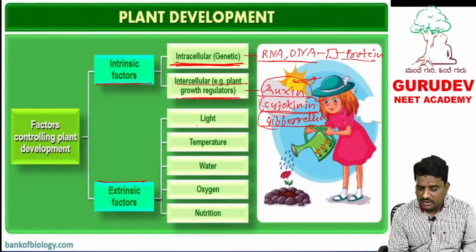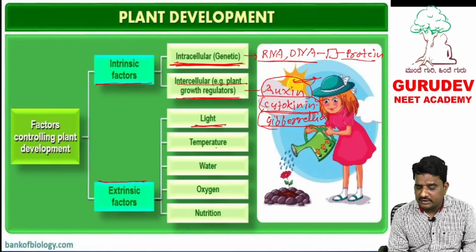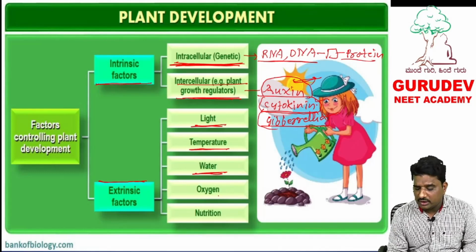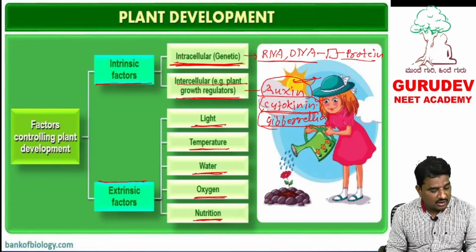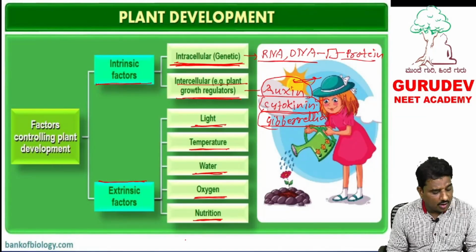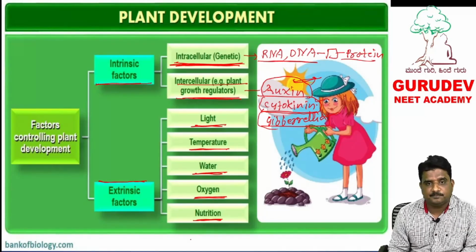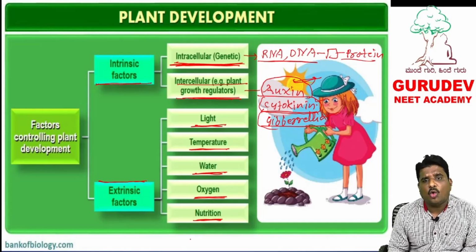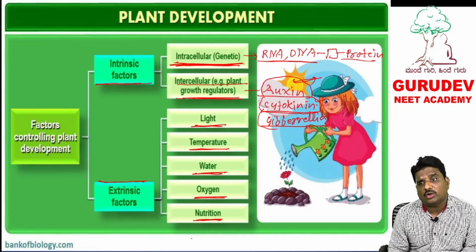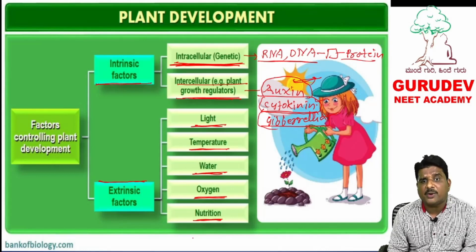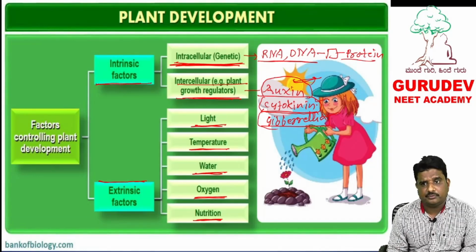Okay. Extrinsic factors: light is essential, temperature is essential, water is essential, oxygen is essential, nutrition is essential. These are all factors also required for plant development. Growth and differentiation together are nothing but plant development.